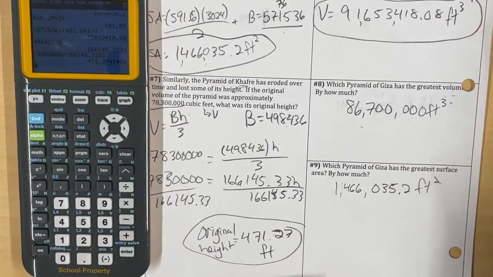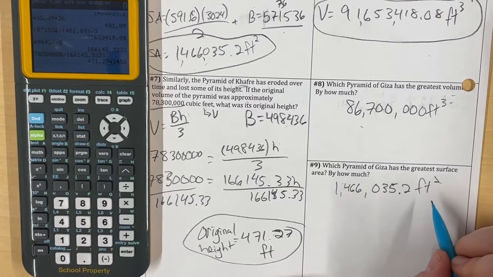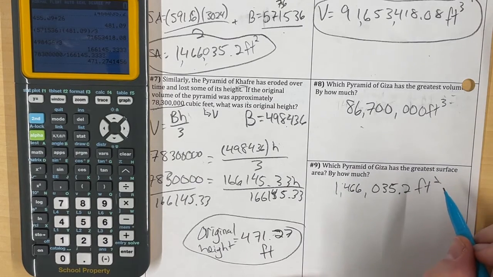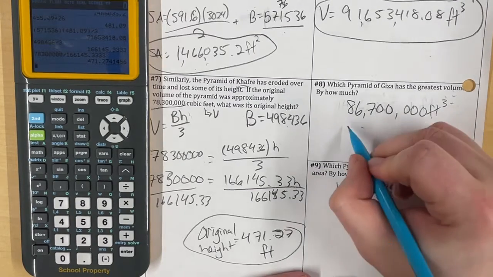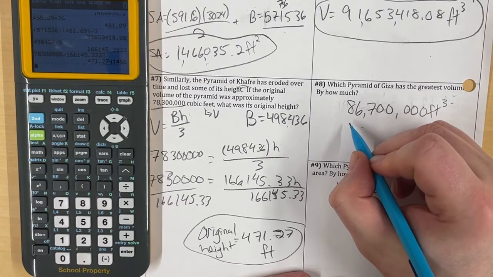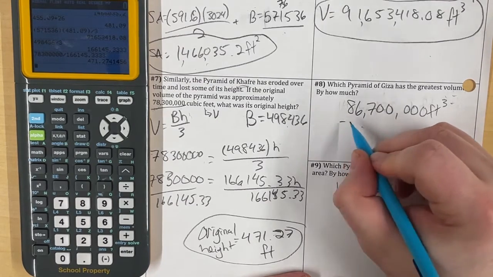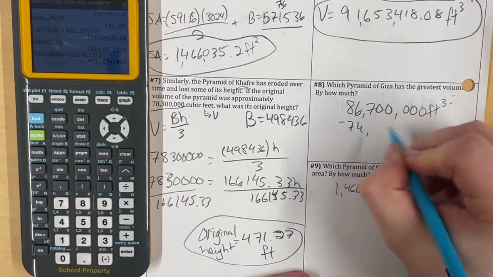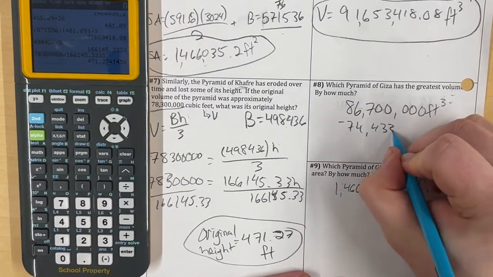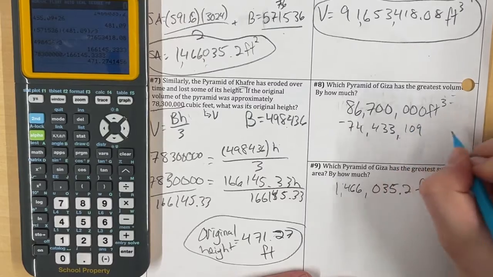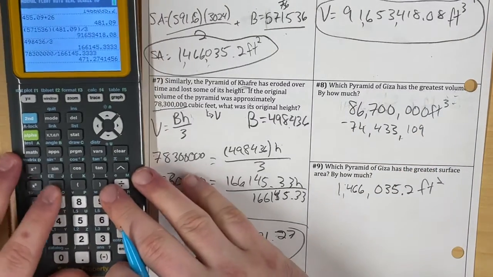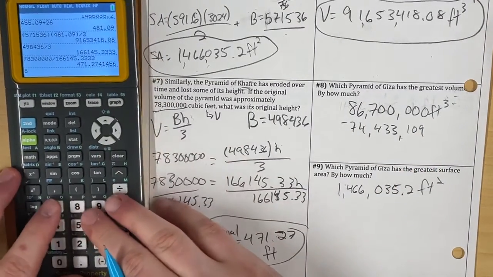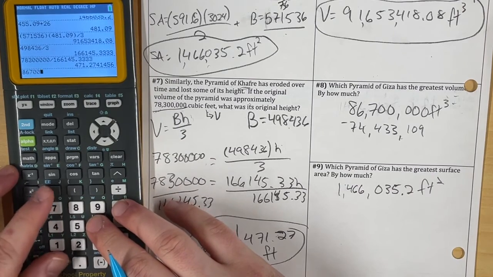So we have our two amounts, and let's figure out the second greatest one. We have that volume is 74 million. So I take minus 74. Make sure you're very careful on those large numbers, but that's why you have your trusty calculator.